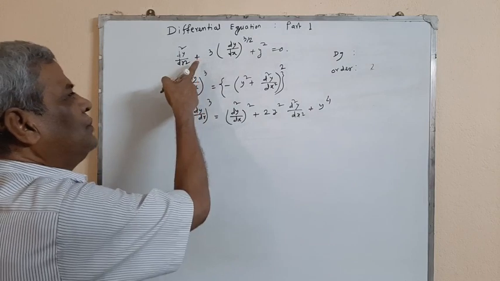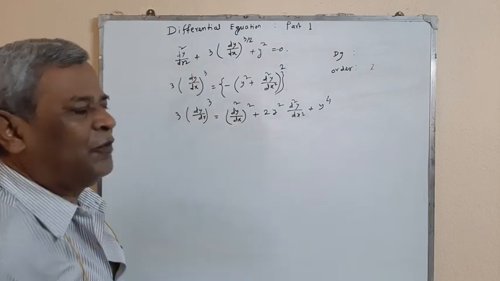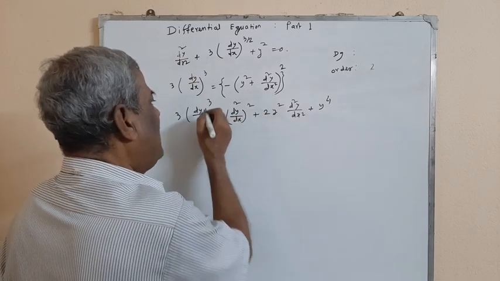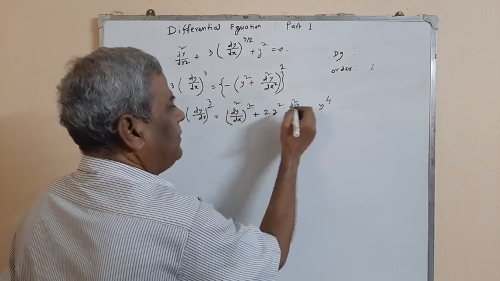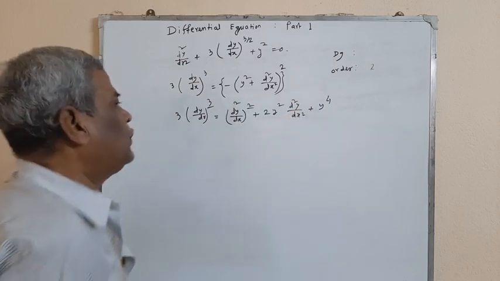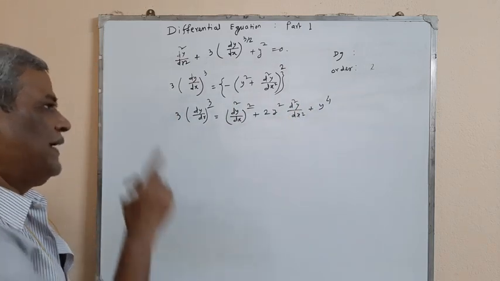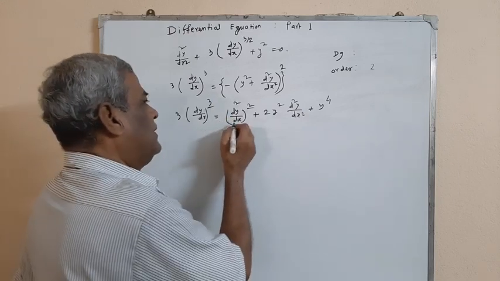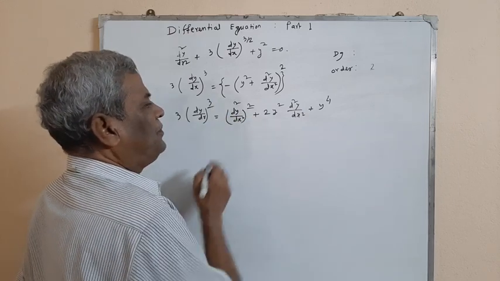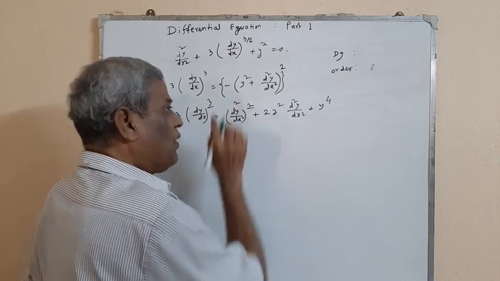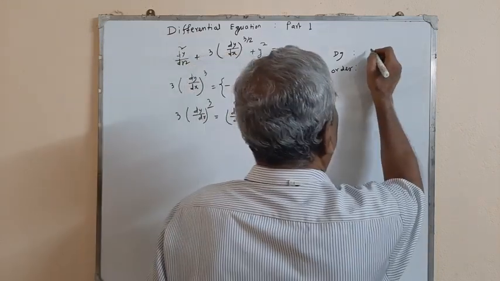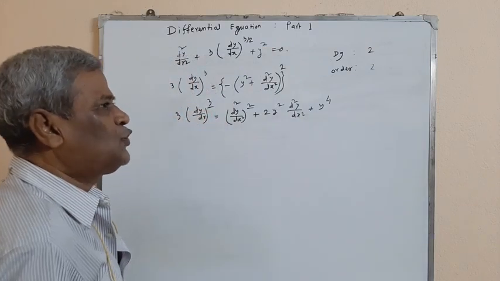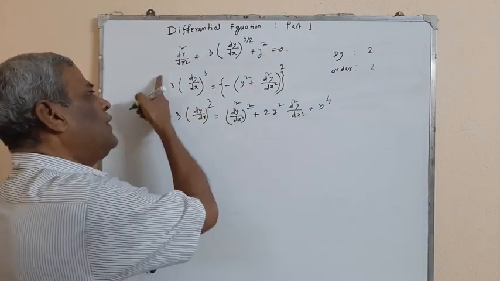Now this equation is in the form where all powers of derivatives are integers. So its order is 2, and for d2y/dx2 its power becomes 2, so the degree is also 2. The answer is degree 2, order 2.